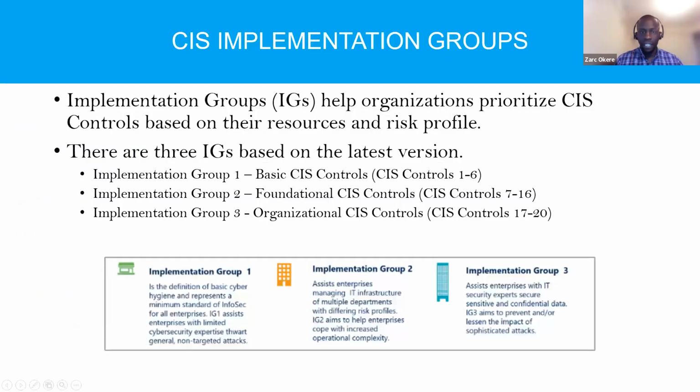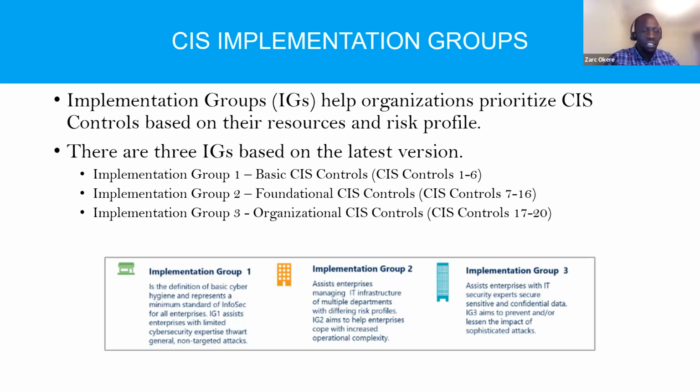Yes, and here are the implementation groups. The implementation group 1 are just basics. I don't mean that they are 1 to 6, but most of the implementation group 1 fall under controls 1 to 6. Yeah, so they just provide foundational cybersecurity measures that all organizations, depending on the size, should implement to establish a baseline level of security in their organization.